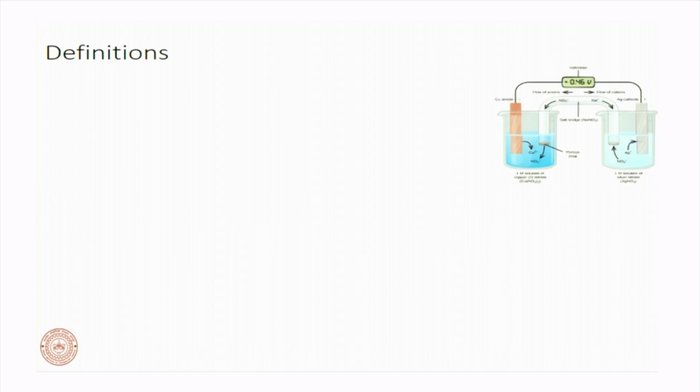The first definition is that there are two types of electrochemical systems. The first is called a galvanic cell.